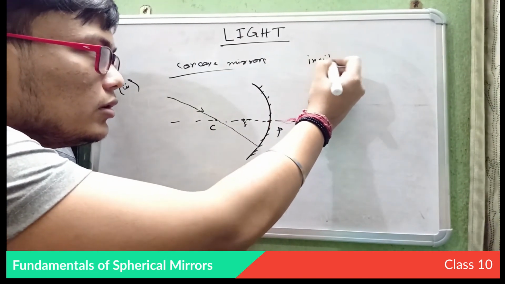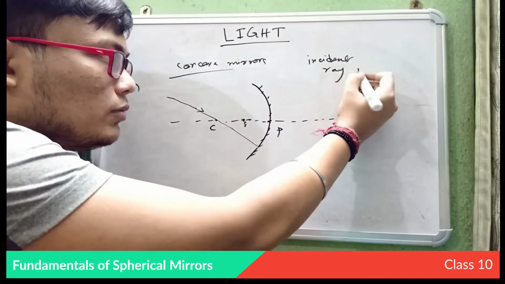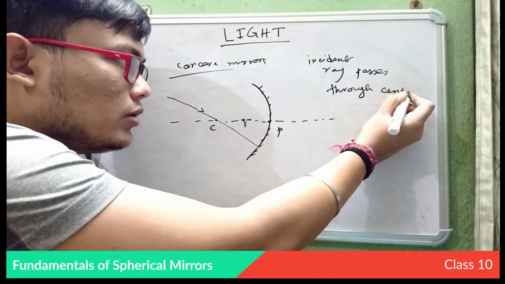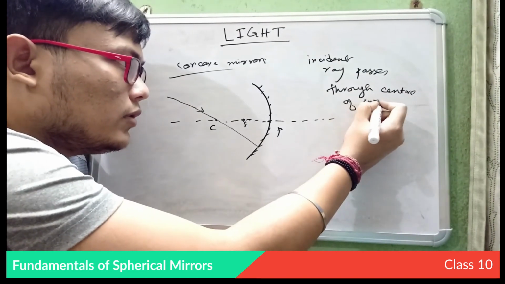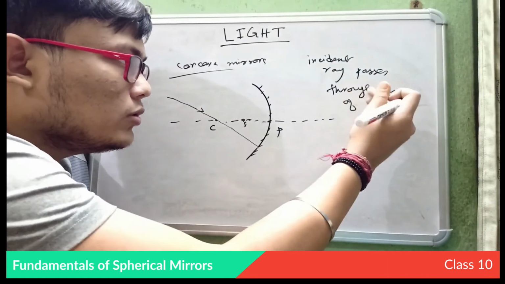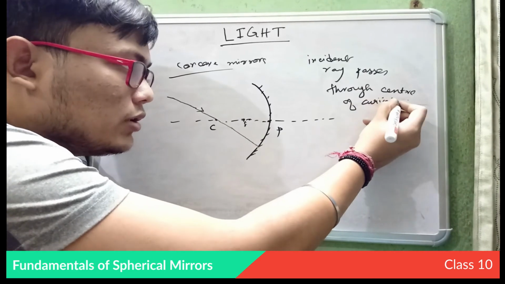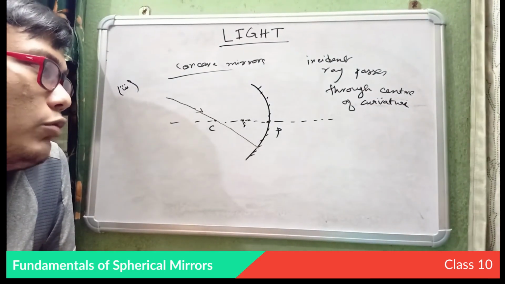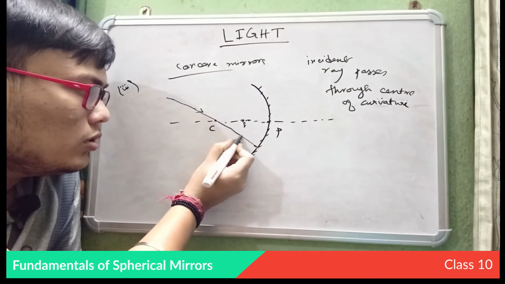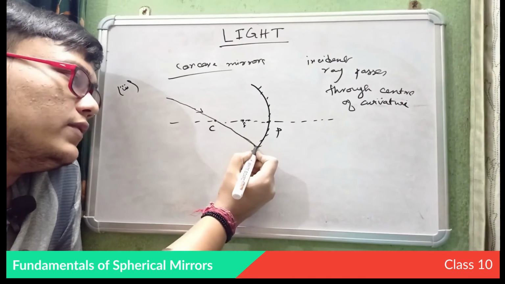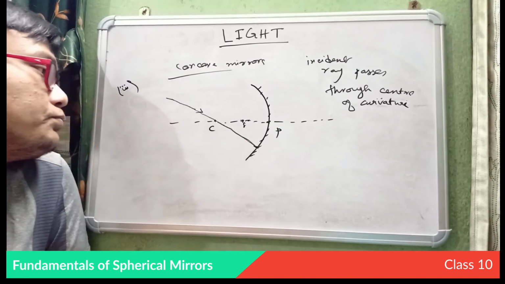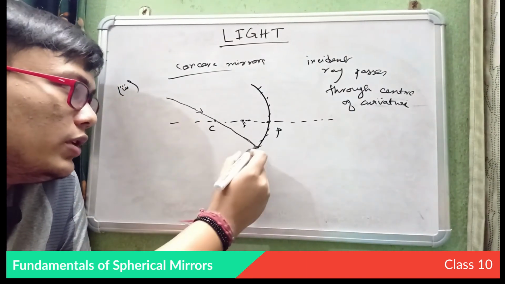Incident ray passes through center of curvature. Okay, what happens is that let's draw over here. Let's take that this is the point of contact of the incident ray.